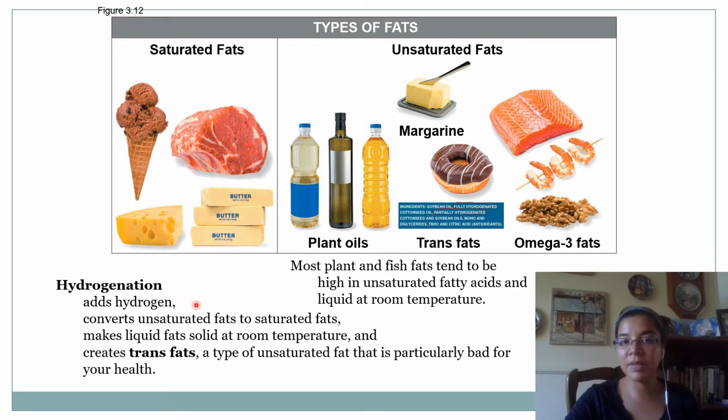Hydrogenation means they add hydrogen to the oil, and that converts unsaturated fats to saturated fats, makes liquid fats solid at room temperature, and then creates trans fats, which are not particularly healthy for you.